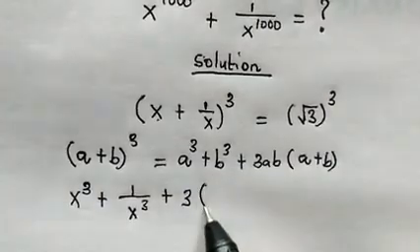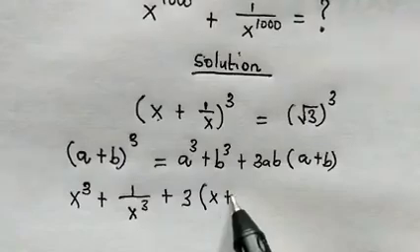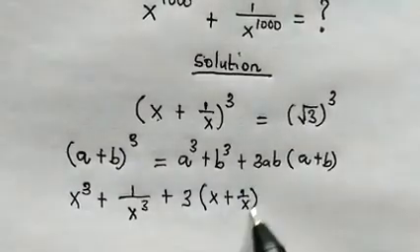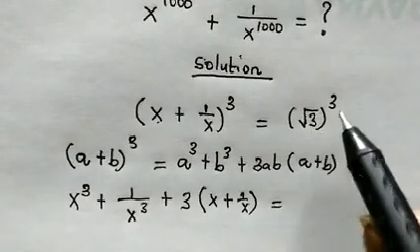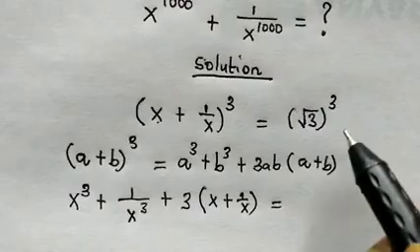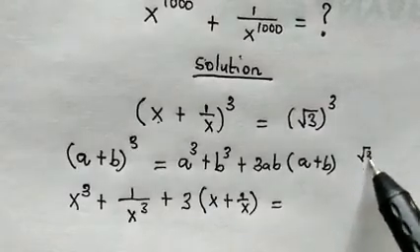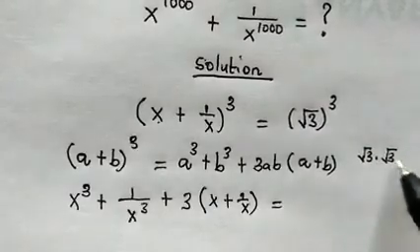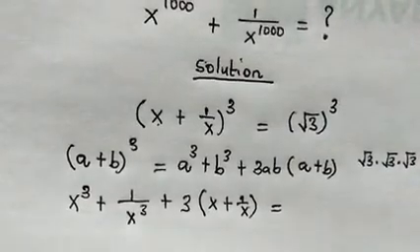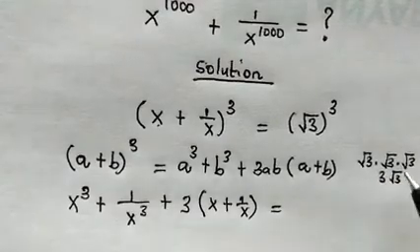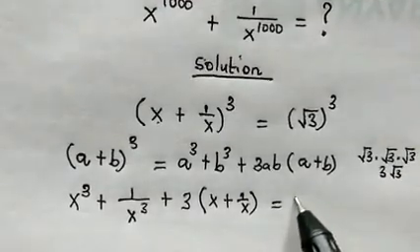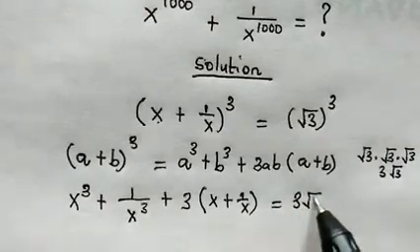Then we have into bracket, then x plus 1 over x. And this is equal to, now, square root of 3 cubed is same as root 3, multiply by root 3, multiply by root 3. So we know root 3 times root 3 is 3, then we have times root 3. So from the right hand side, we now have 3 root 3.